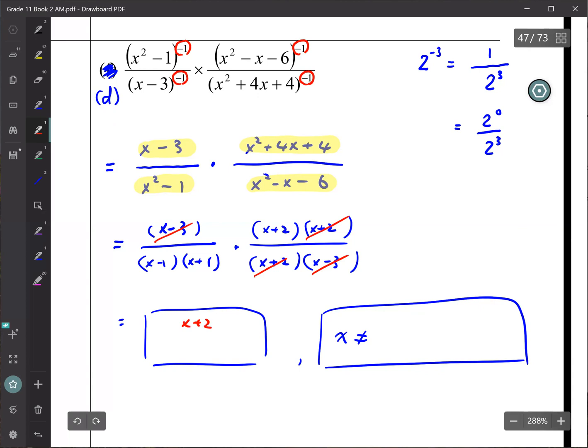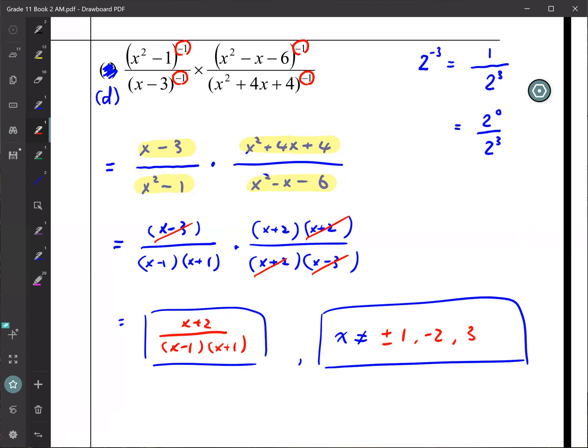So just x plus 2 over x minus 1, x plus 1. All right, how about Aaron? What's the restriction for this? Positive 1, -1, -2, and 3. Yeah, so everything you see basically, because it's 4 places.